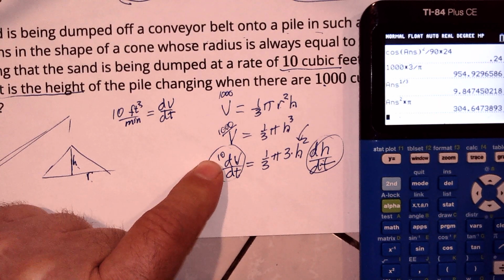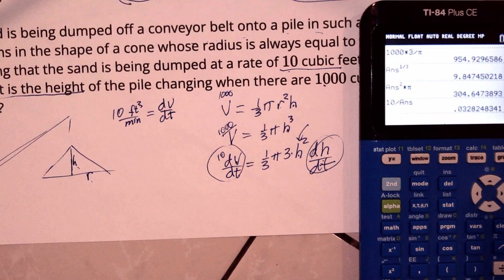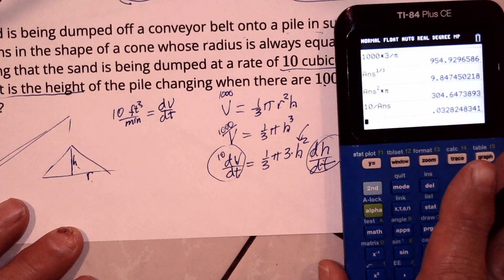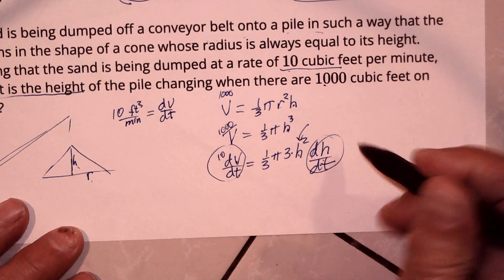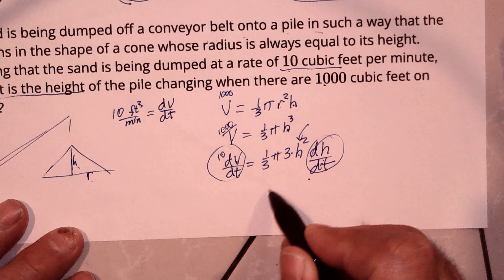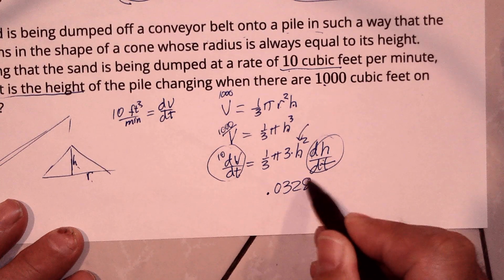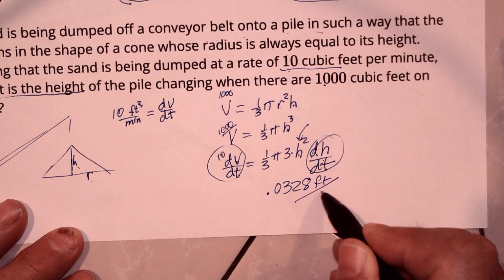That's how fast the volume is changing. So 10 divided by that answer gives me the height changing at 0.0328 feet per minute.